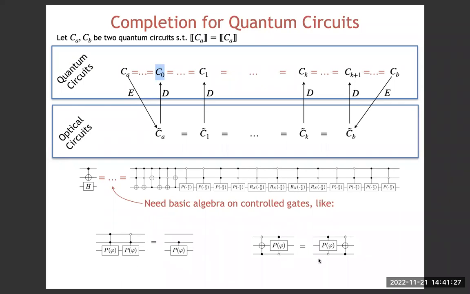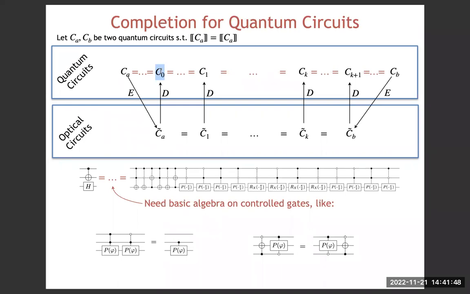So it's a simplification. Here it's a commutation property. If you anti-control and control, then you can commute the two gates, and so on. So we have here some basic algebra on control gates that we need to simplify the circuit and at least do this first step due to encoding and decoding.